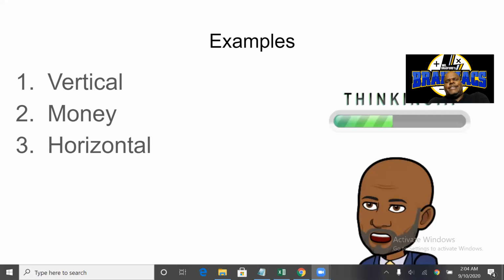Let's look at some examples of a vertical number line using positive and negative numbers.